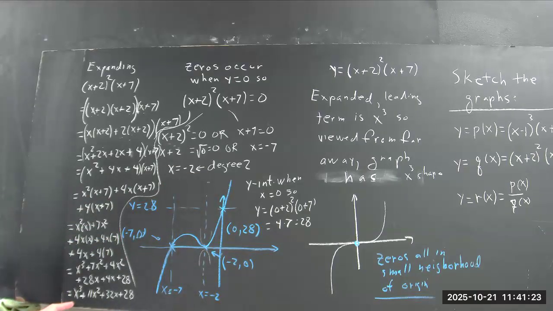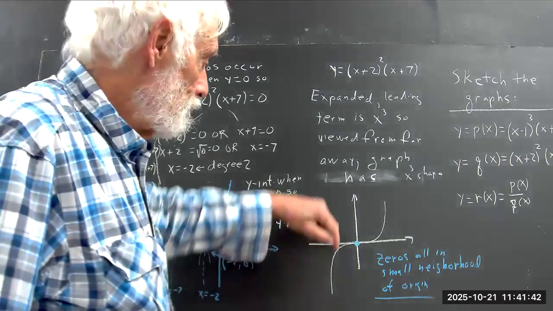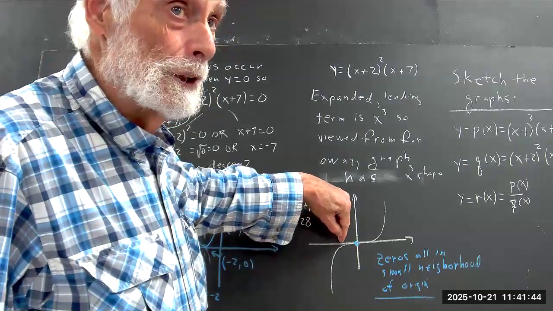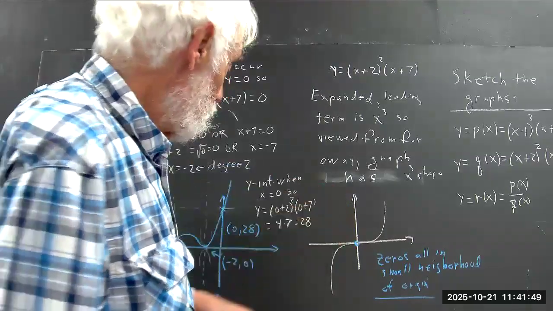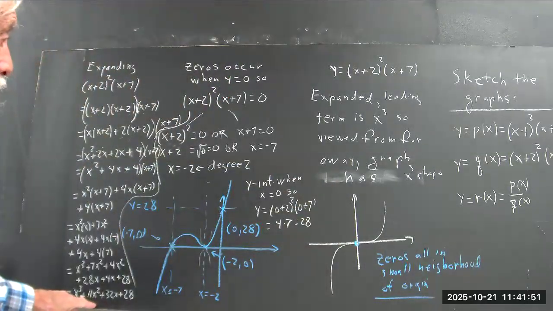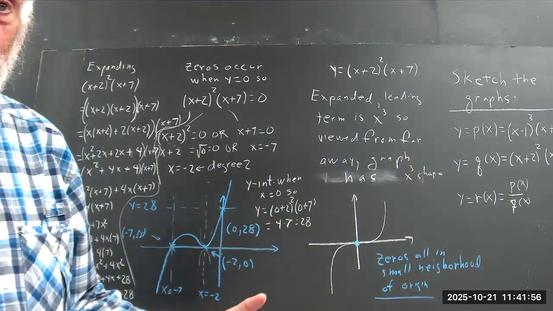If x is 1,000, this is 1,000,000,000. And this is 11 million, which is around 1% of a billion. Okay. And the bigger this gets, the smaller the rest of this gets as a percent of x cubed. So when you zoom way back, if x is a million right here, or even 1,000 right here, then the value of this function and the value of this function, you're not going to be able to see a difference.